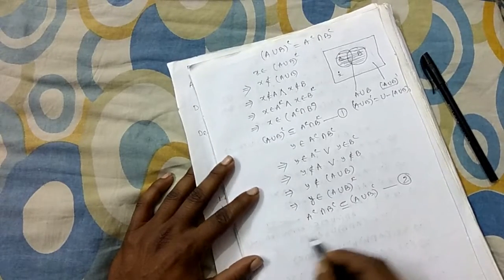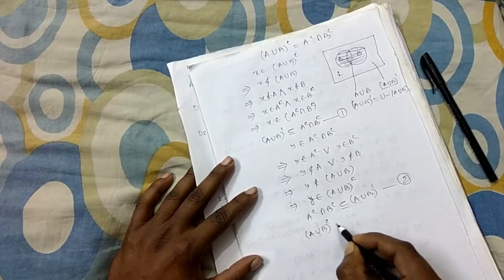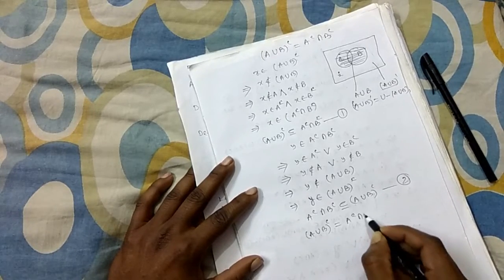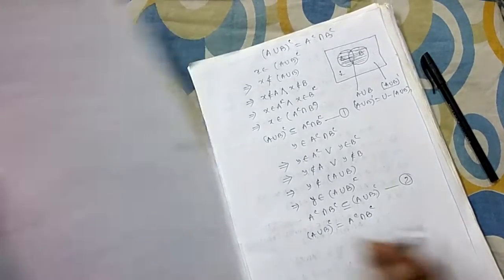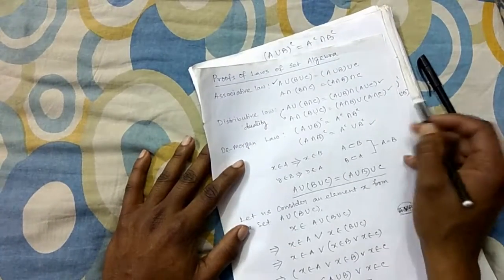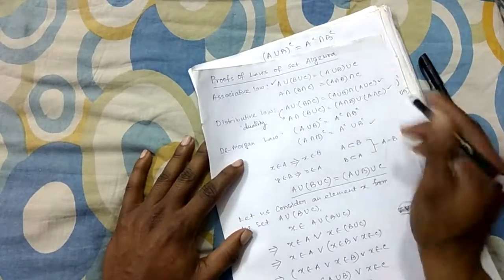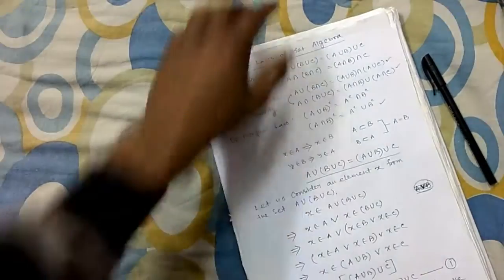By the definition of equality of two sets, we can write A union B its complement equals A complement intersection B complement. In the same way, we can prove this, right? And I hope you have understood the method of proof, how to prove the laws of set algebra.